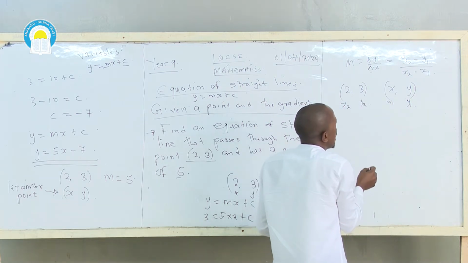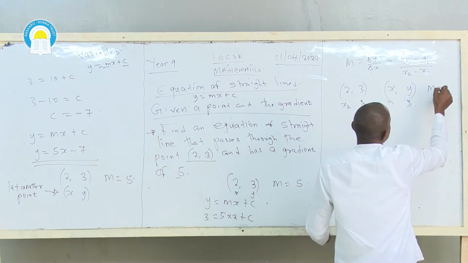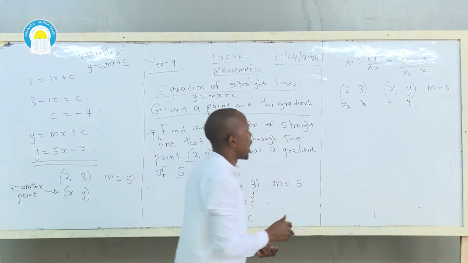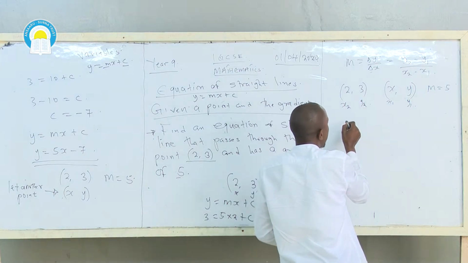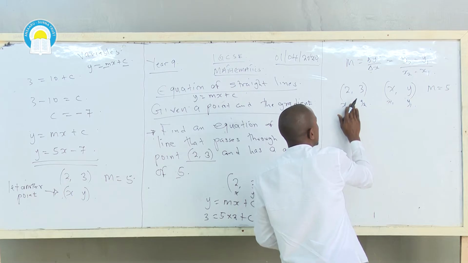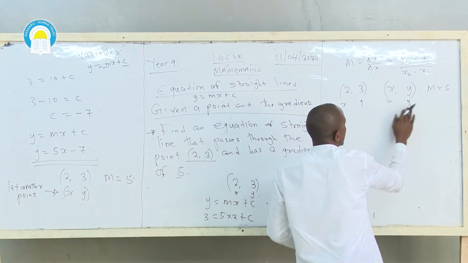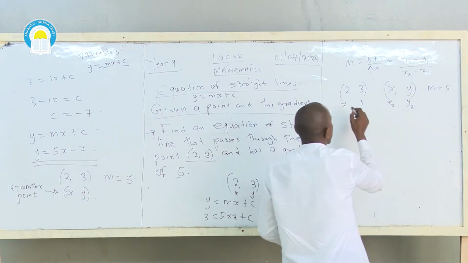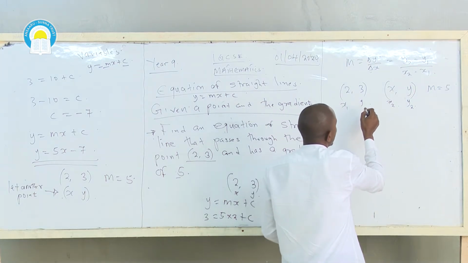Now let's substitute that. Remember, gradient is already given. Let me go back. Sorry. Let this be y2 and this be x2. Let this be x1 and this be y1.